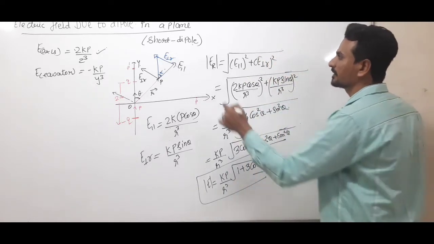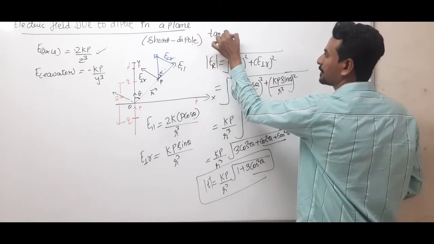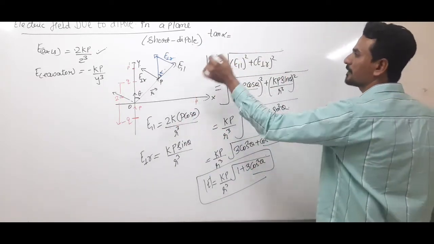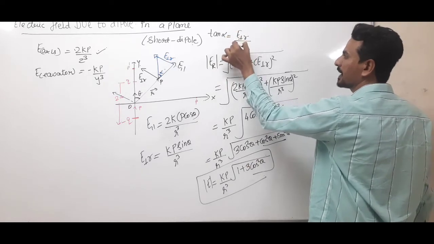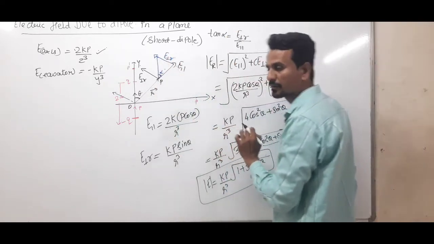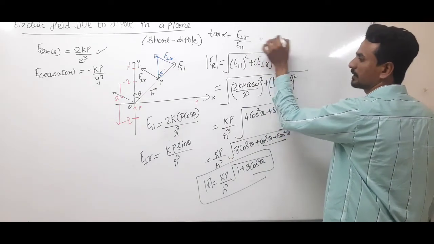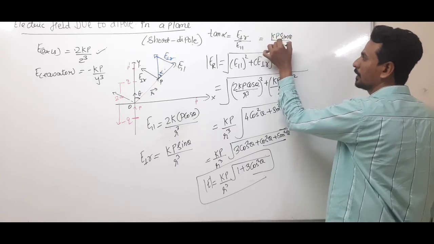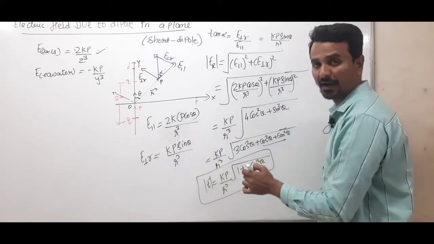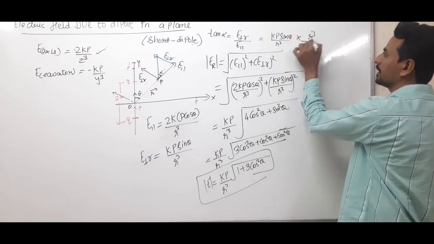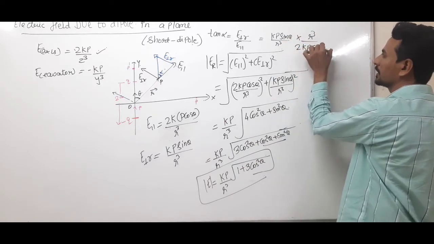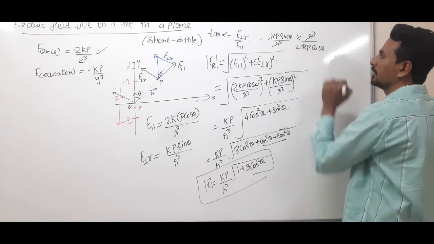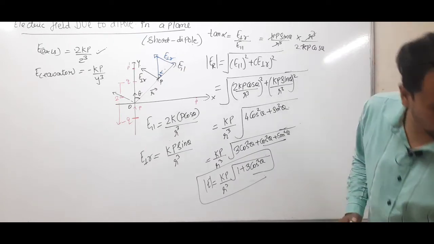And of course, what is the resultant angle? That means the resultant electric field makes an angle alpha. So tan alpha will be equal to perpendicular by parallel, opposite by adjacent. What is perpendicular? kp sin theta by r cube, upon 2kp cos theta by r cube. So that will be r cube by 2kp cos theta. kp gets cancelled, and r cube cancels, so it is sin theta by 2 cos theta.